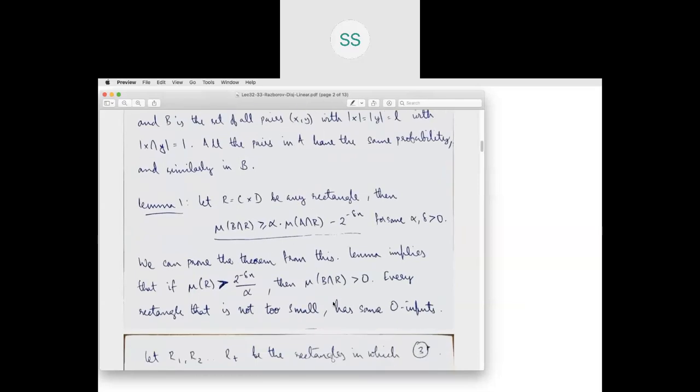It means that if the total measure of the rectangle is greater than this, then the measure of A intersection R cannot be small, it also has to be... the maximum this can be is this. Sorry.